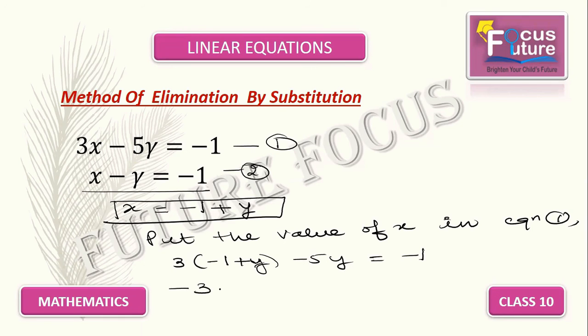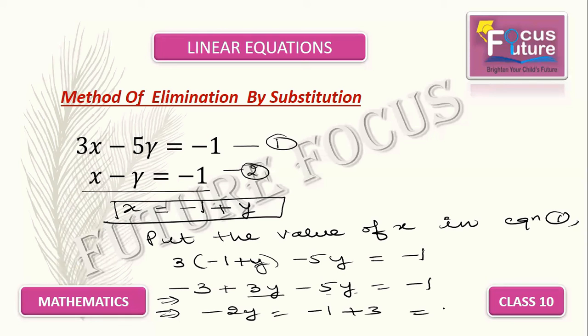Open the brackets. Minus 3 plus 3y minus 5y is equal to minus 1. Minus 3 would go on the other side. So this would be 3y minus 5y, that would be minus 2y, and minus 1 plus 3, that is 2.